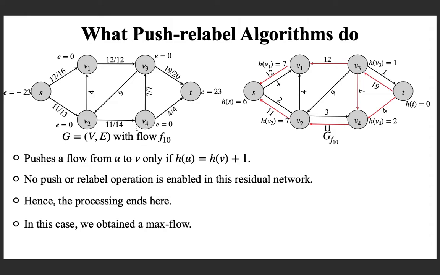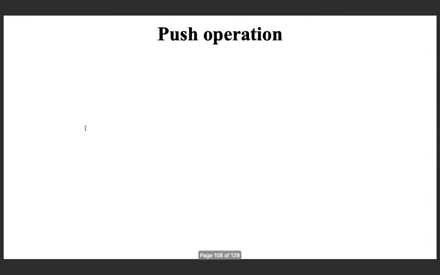It is no more a pre-flow because now all the intermediate vertices are satisfying the flow conservation property, that the excess flow at every vertex is 0. So that is the basic idea behind push-relabel based algorithm.